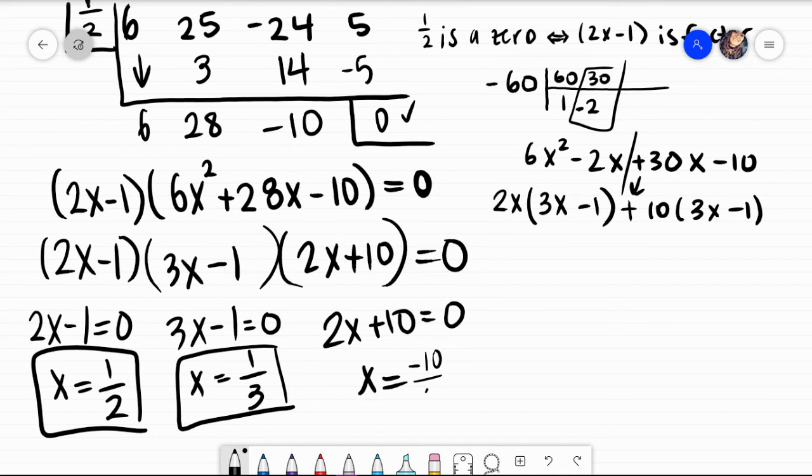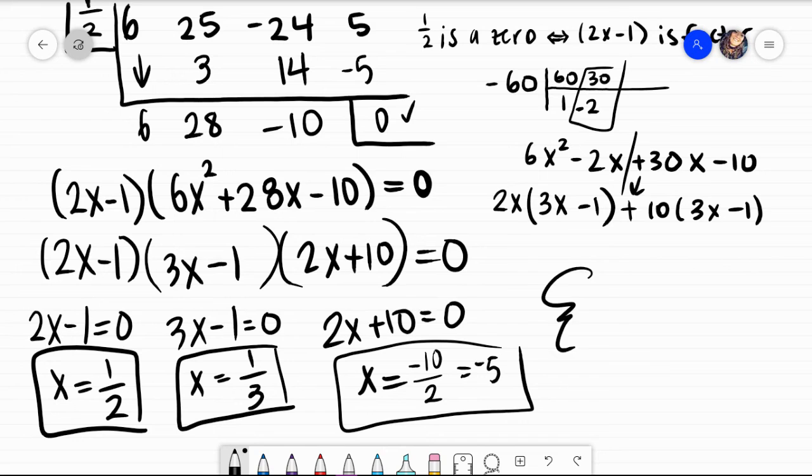So I would have -2, I would have -10, right? Move that 10. Then I would divide by 2. Signs are different, so it's a -5. So my x values are 1/2, 1/3, -5. And that would be the final answer for that problem.